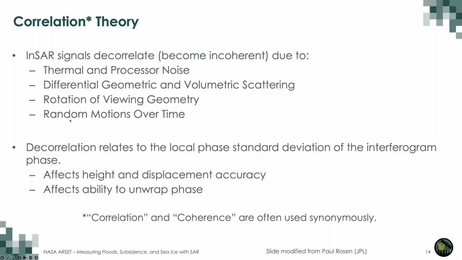And then there's this issue that I mentioned at the beginning of whether those objects that are reflecting the radar stay in the same location within the pixel. If there's things moving around within the pixel, then that also causes loss of coherence or decorrelation.